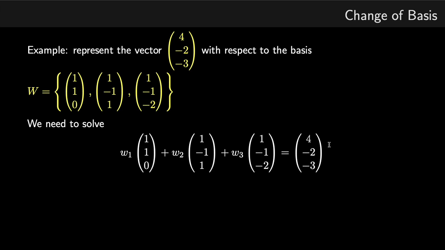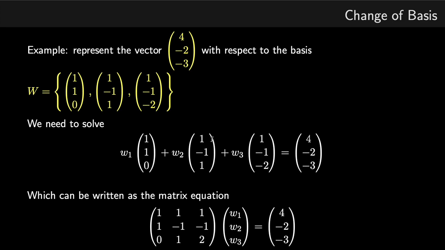I need these to be equal to our vector (4, -2, 3). So I need to solve for W1, W2 and W3. This is a linear system, and I could write this as a matrix equation. Notice that the columns of the coefficient matrix are our basis vectors, and we're solving for W1, W2 and W3.